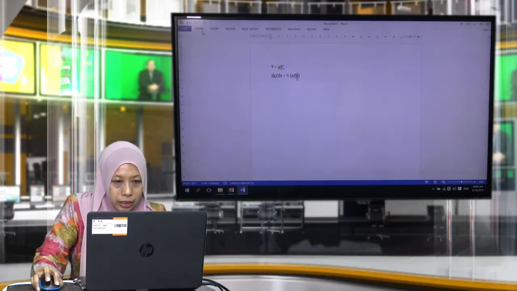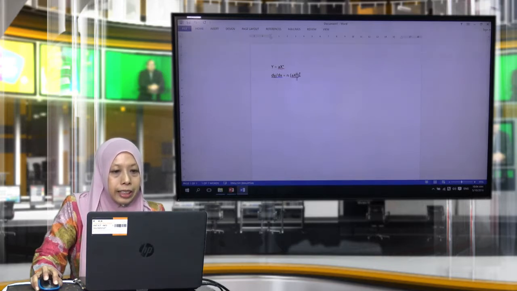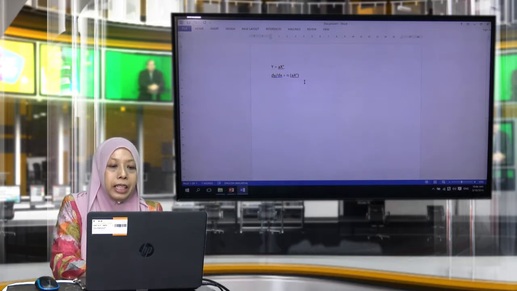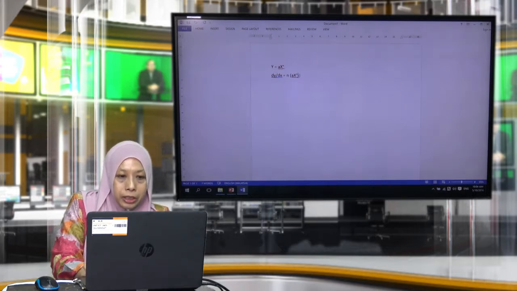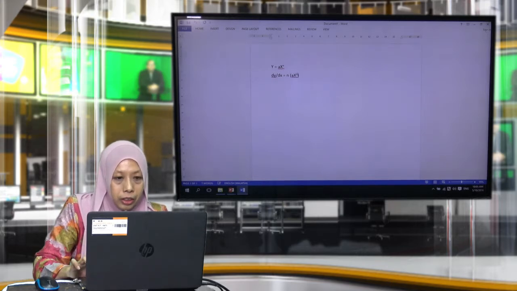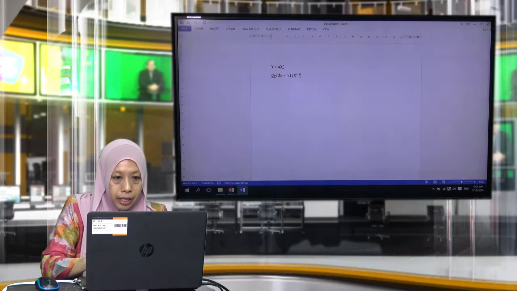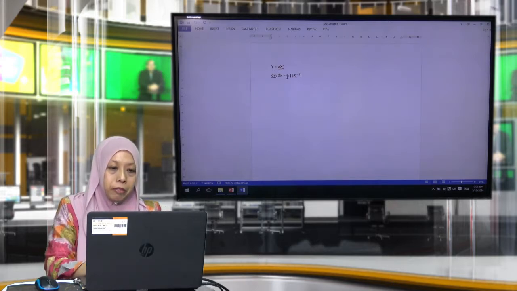So this is your original function, and that's the second step. Now what's the third step? The third step is you need to reduce the exponent by 1 unit. And remember your exponent just now was n, so all you need to do is reduce your exponent by 1 unit.